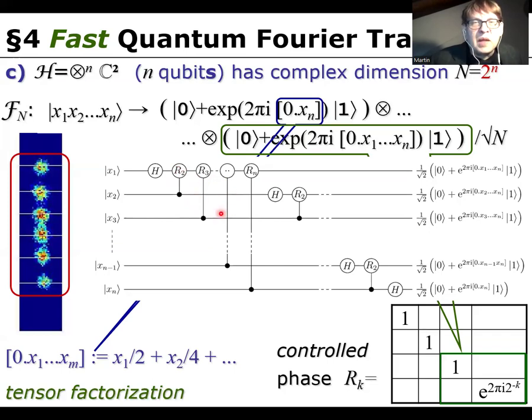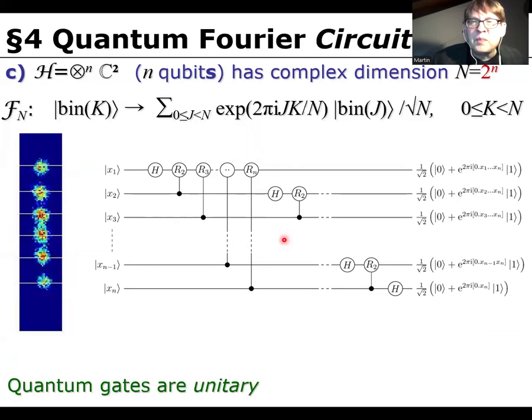Right. And then we do the same again here on the second row, and then we do the same again on the next, and so on. So again, I challenge you to confirm that this quantum circuit realizes this mathematical formula with all these tensor products here, and verify that this is a unitary gate, right?